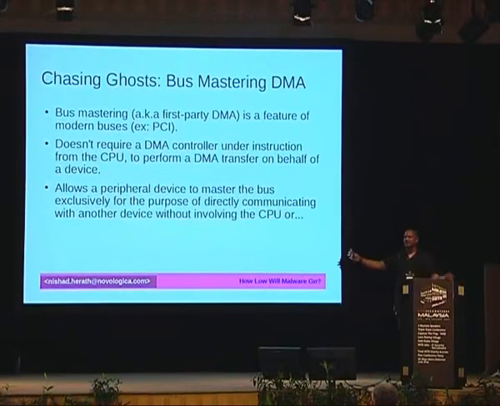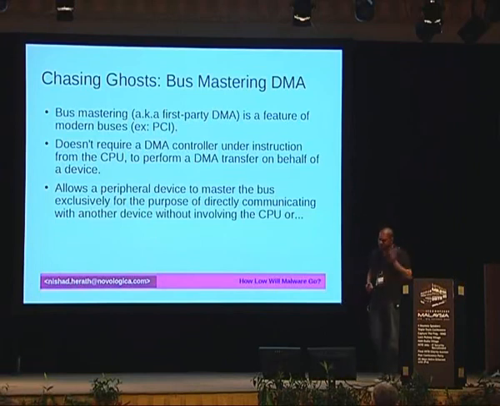Who actually works with developing custom PCI devices out here? Okay. Basically, there's a mode of many buses called bus mastering DMA. It exists so that the device can directly talk to and transfer memory between another peripheral device on the same bus, or more often than not, with the main system RAM.